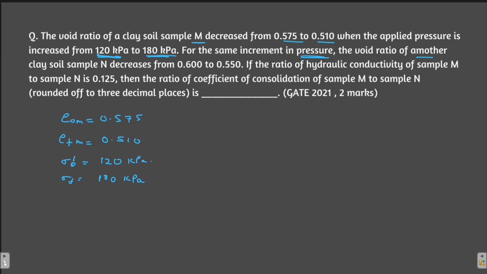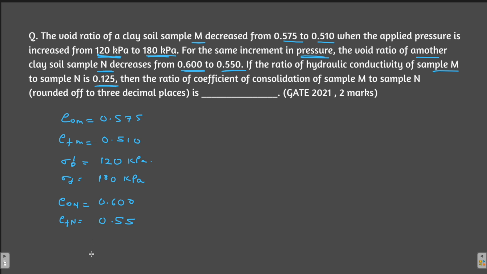The void ratio of another clay soil sample N decreases from 0.6 to 0.550. So there is another soil sample N, the initial void ratio is 0.600, and E final of N is 0.55.